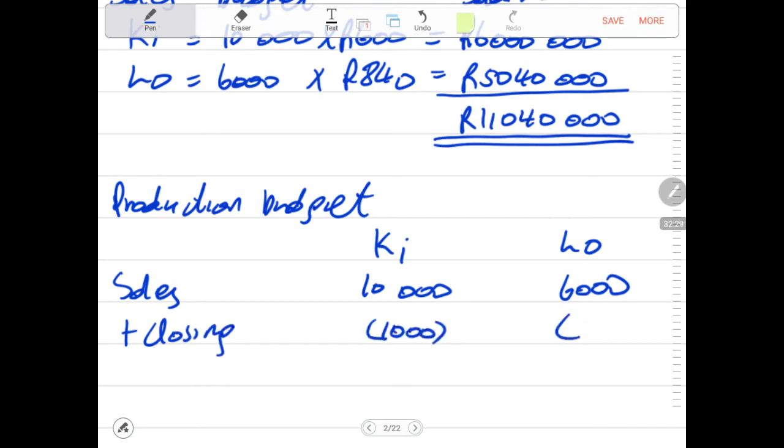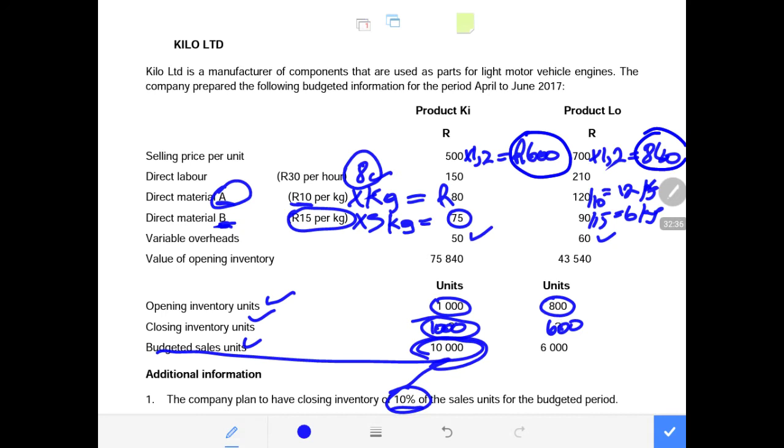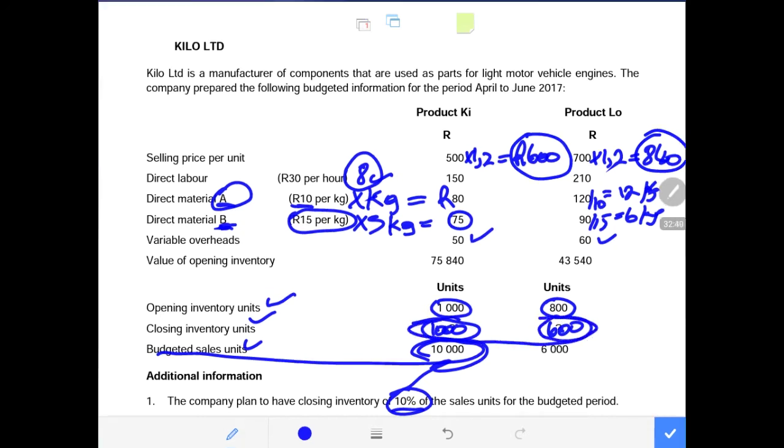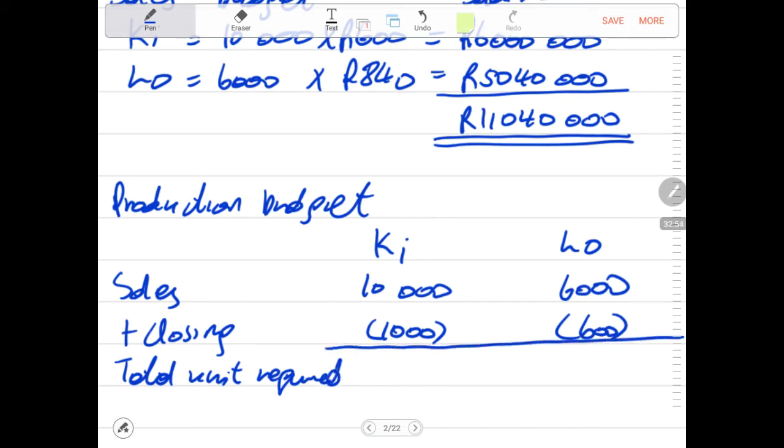And it was 600 units, which was 10% of the sales. Closing inventory is 600 and 1,000. Then that will give us total units required. Then we draw the line here.